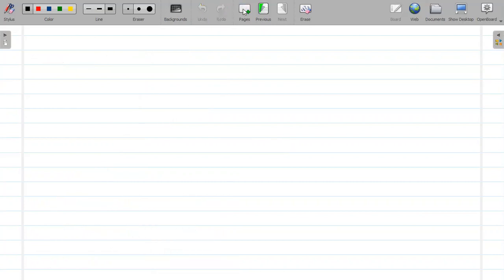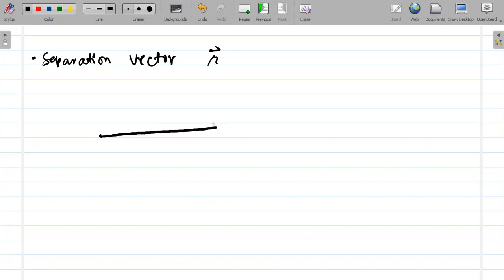Now, class, medyo mahalaga tong separation vector. So separation vector. Let's call this script R. So ganyan siya. Siya yung parang cursive na R na ganito. Class, let's say meron tayong field point x. Ang x class, tinatawag natin tong field point.